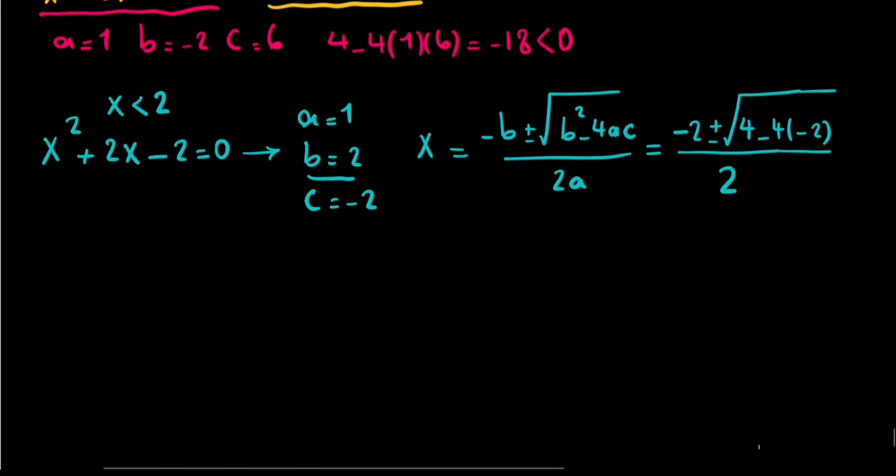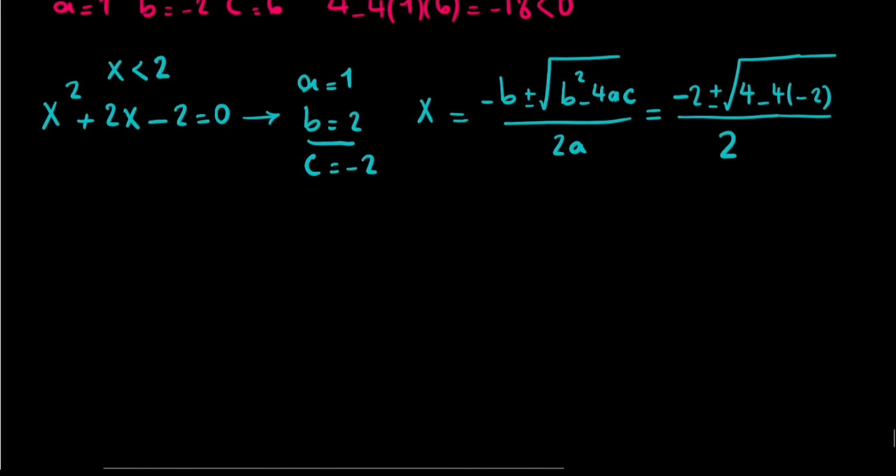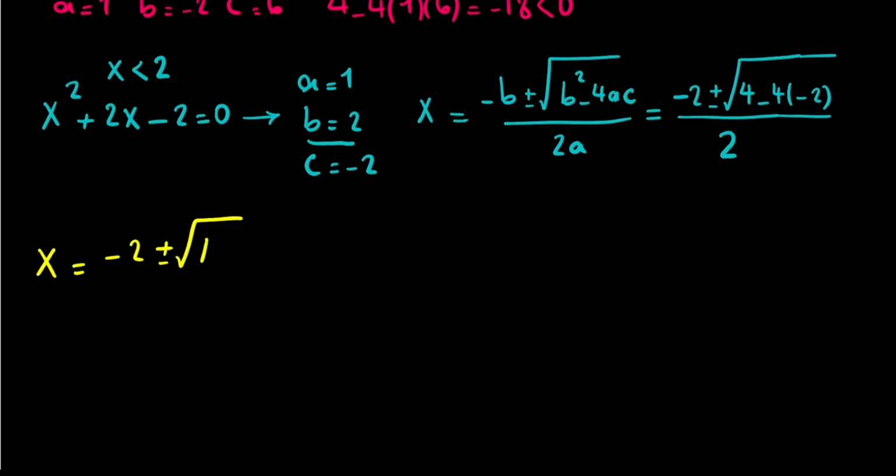Let me scroll down. So x will be equal, we have two answers, to minus 2 positive and negative square root of 12 divided by 2, and we can write negative 1, positive and negative square root of 3. Why is that correct?